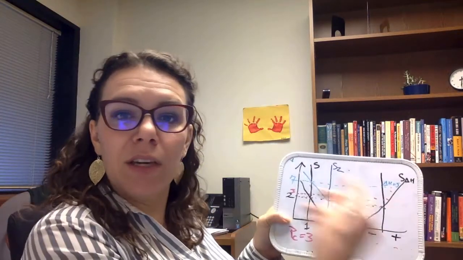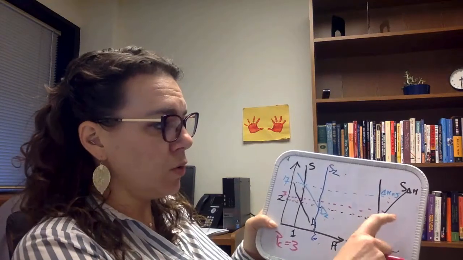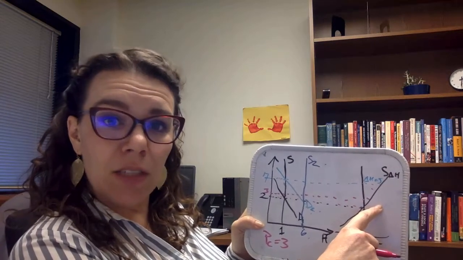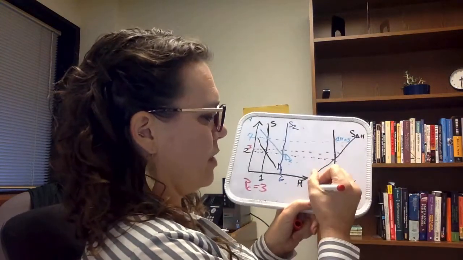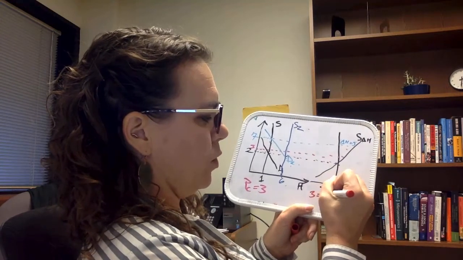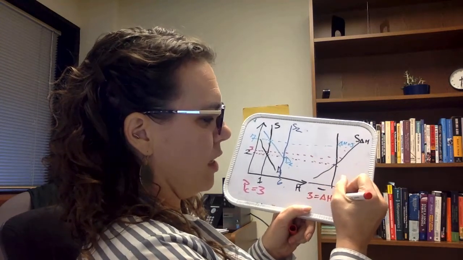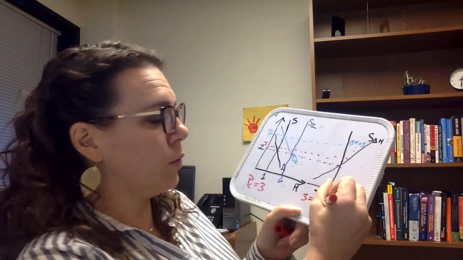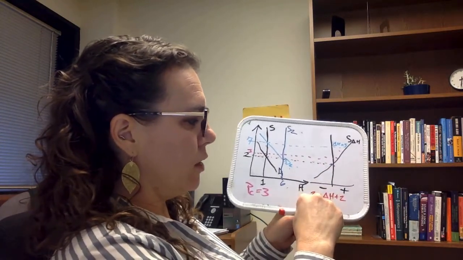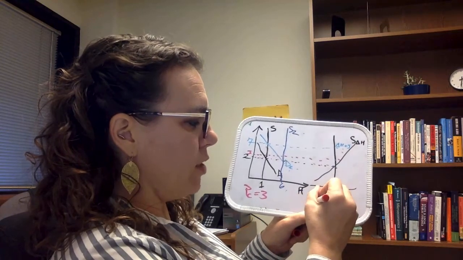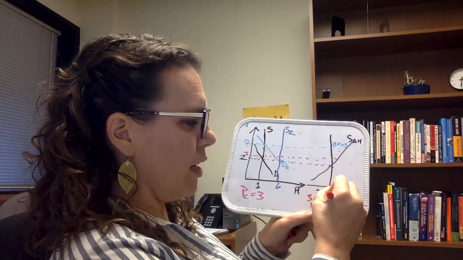Well, we insert that price into this change in housing supply formula and see what we pull out. If you insert that price of 3 equal to change in housing plus 2, you subtract 2 from both sides, and you get a change in housing of 1.